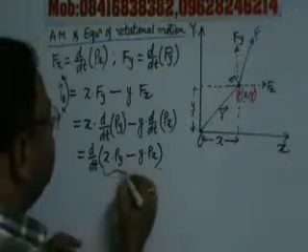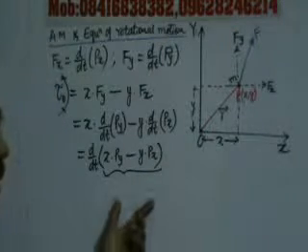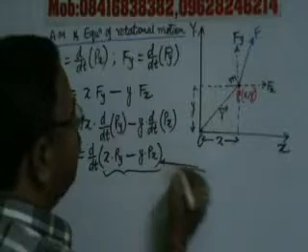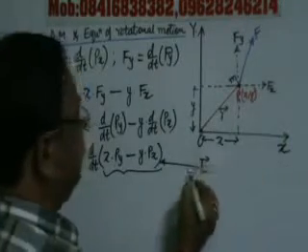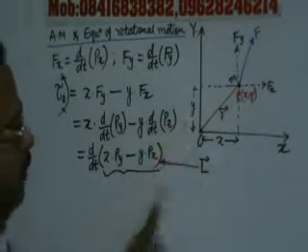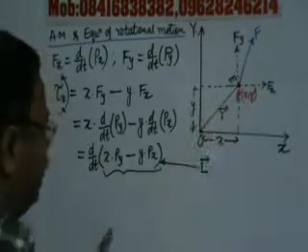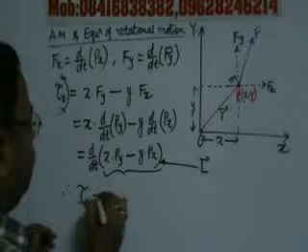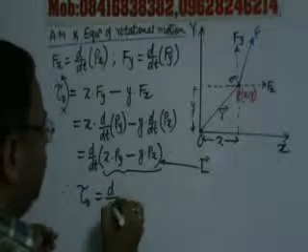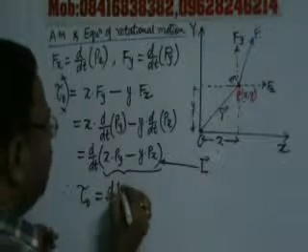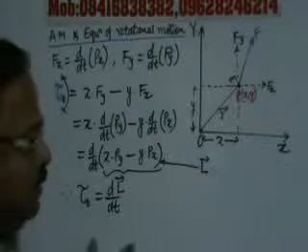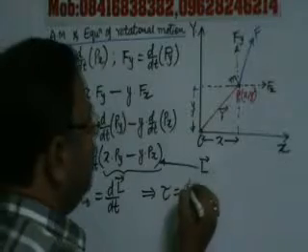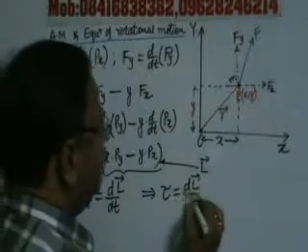Now this quantity x into py minus y into px is known as angular momentum. This is the total angular momentum of this mass about point O. So we can write that tau O is equal to d by dt of this angular momentum vector L, or tau is equal to dL by dt.